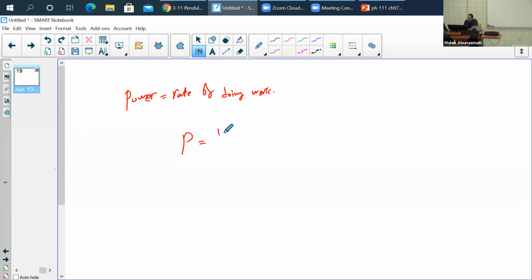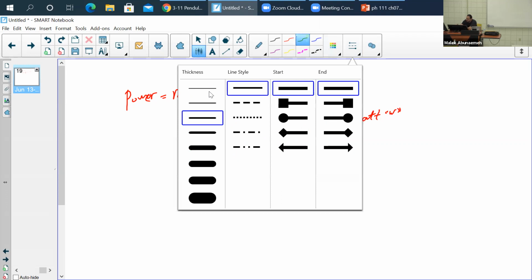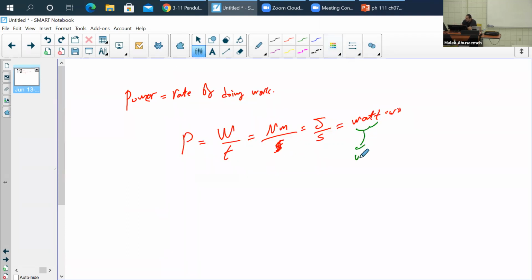So your power is how much work you can do per unit time. Now, we defined work in newton meters, so per second, that's going to be joules per second. How many joules per second? We call that the watt, and we give it the symbol W. So this is your unit for power.